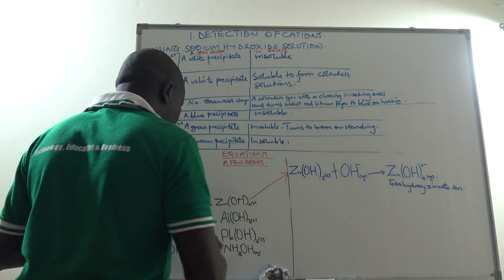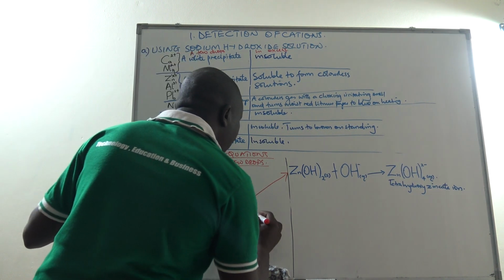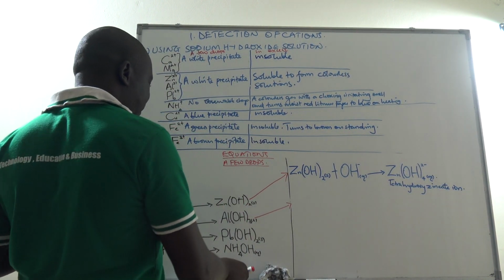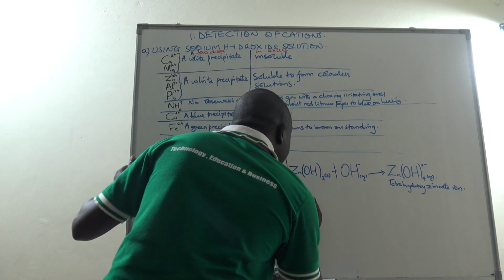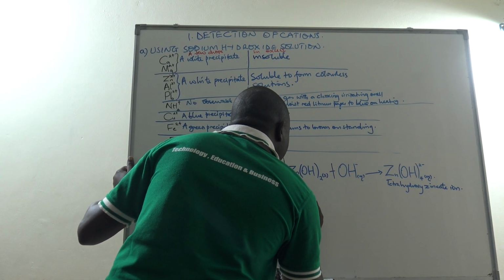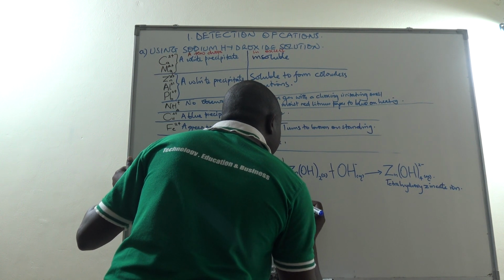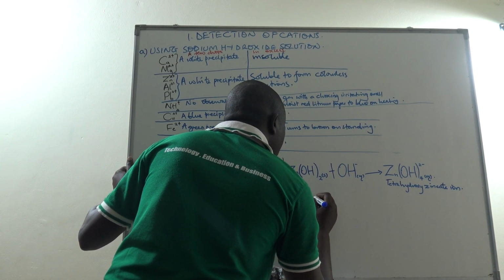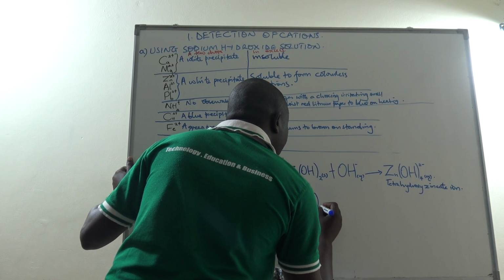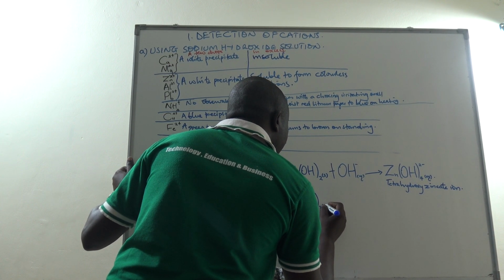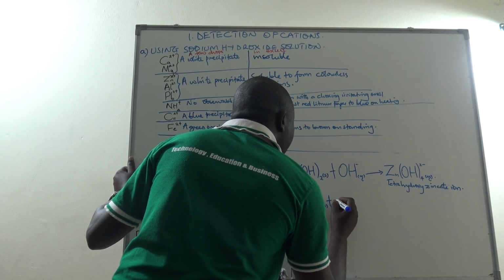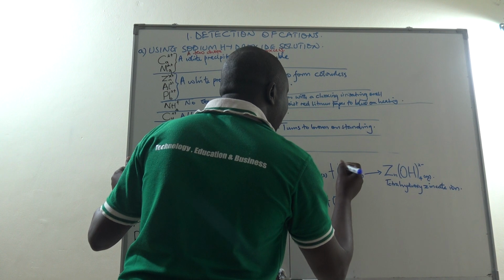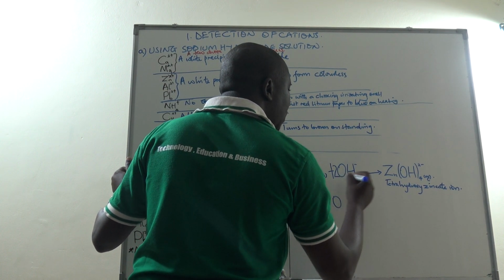Let us go to aluminium hydroxide, the white precipitate formed in this case by aluminium ion. So in excess also, the aluminium hydroxide which has been formed will combine with the hydroxide ion. Let us balance it by multiplying the hydroxide ion by 2, because here there are 4.